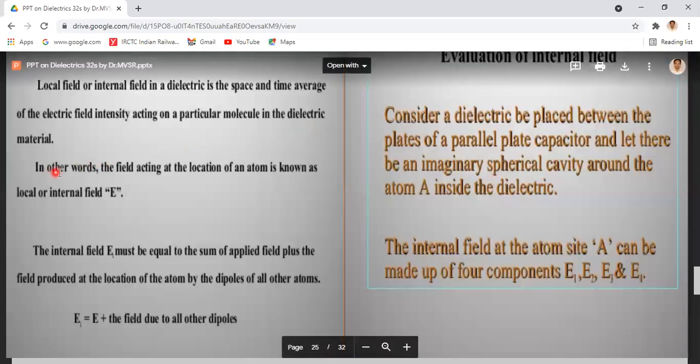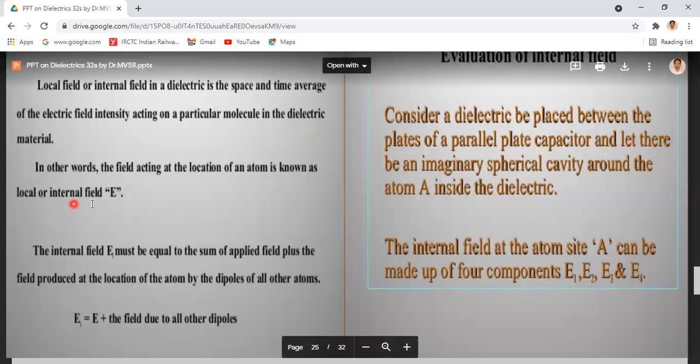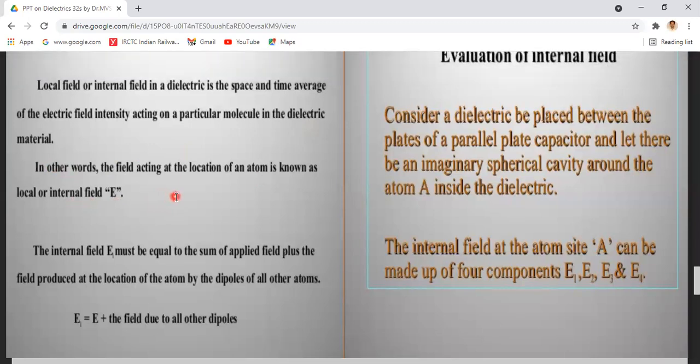In other words, the field acting at the location of an atom is known as local field or internal field. So, how many fields are acting on an atom which is inside the dielectric material?